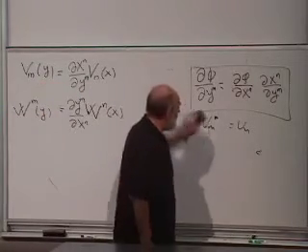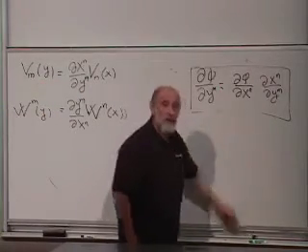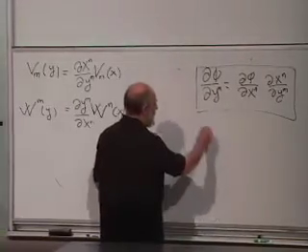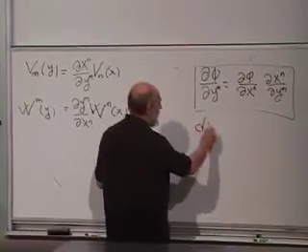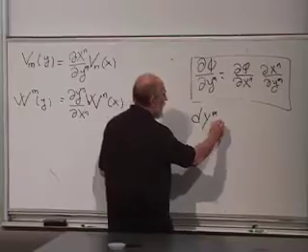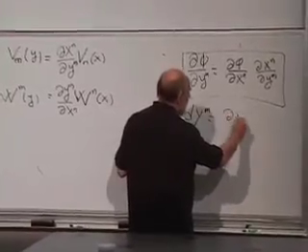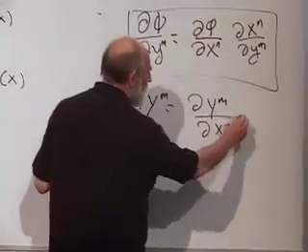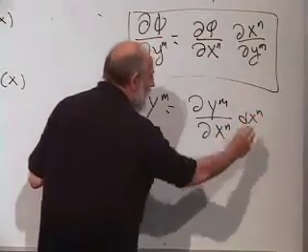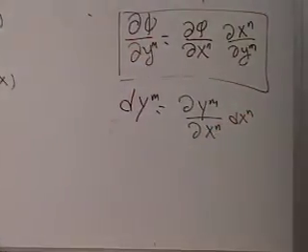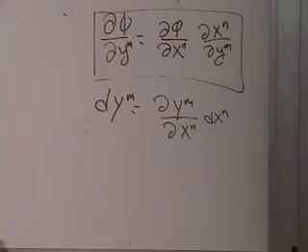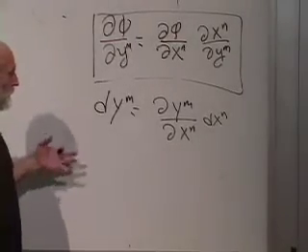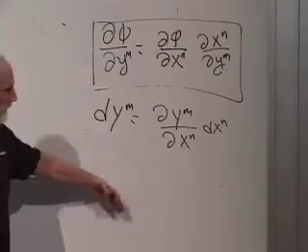Likewise, the transformation property of the contravariant vectors came from the statement that dym is equal to the partial of ym with respect to xn times dxn. Again, this did not come from somebody's preconceived notion about how tensors should transform.